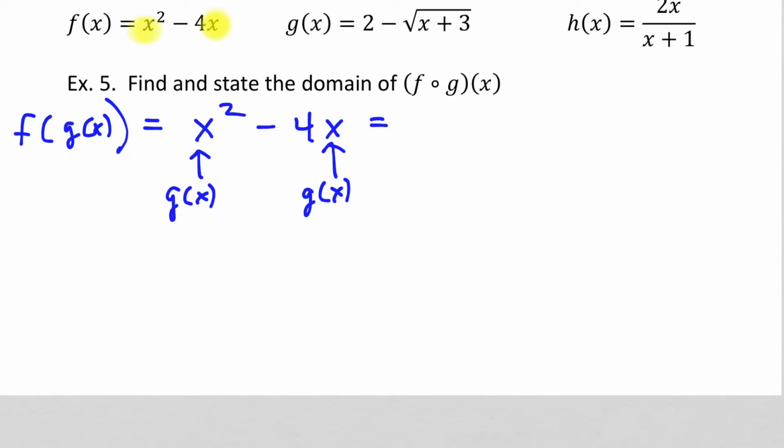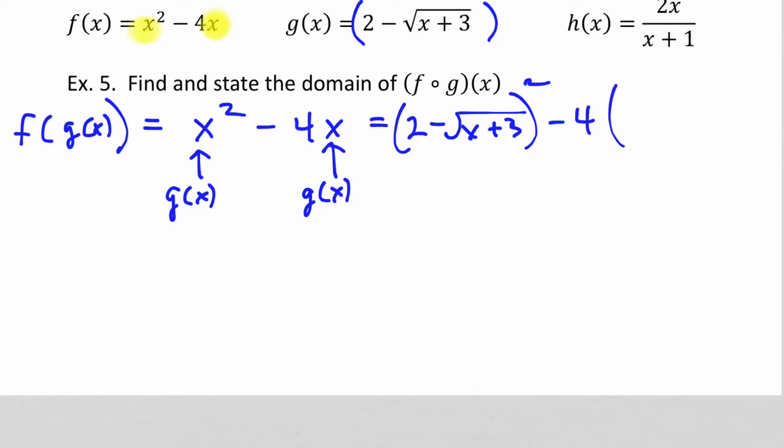So g of x is this whole thing here. So I'm going to have to square that. So I've got 2 minus radical x plus 3 quantity squared minus 4 times the quantity 2 minus the square root of x plus 3.